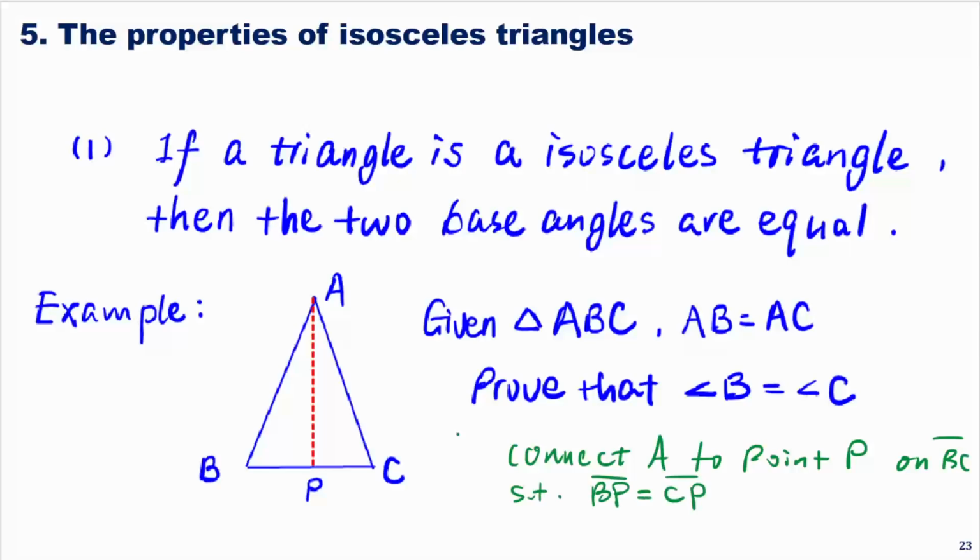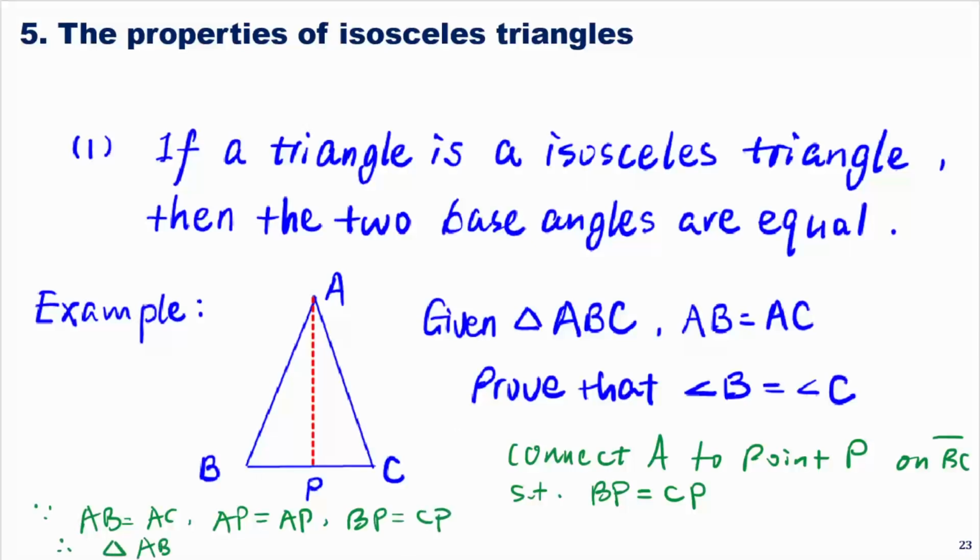This is possible, right? And because AB equals AC, AP equals AP, BP equals CP, we have triangle ABP must be congruent to triangle ACP by SSS, right? And therefore we can prove angle B equals angle C. Therefore, we have the first property of isosceles triangle. If a triangle is an isosceles triangle, we know the two base angles are equal. Any questions?